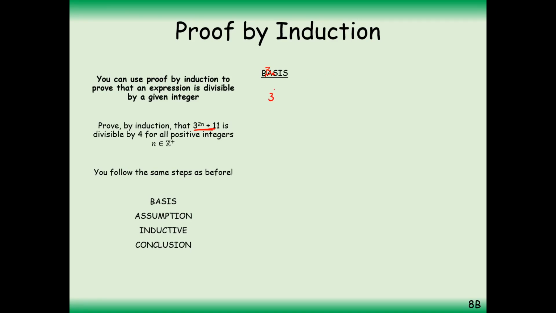So 3 to the power of 2 times 1 plus 11, and we're going to work it out. 3 squared is 9, and 9 plus 11 is 20, and 20 is clearly divisible by 4. Therefore, our basis step holds for this equation.